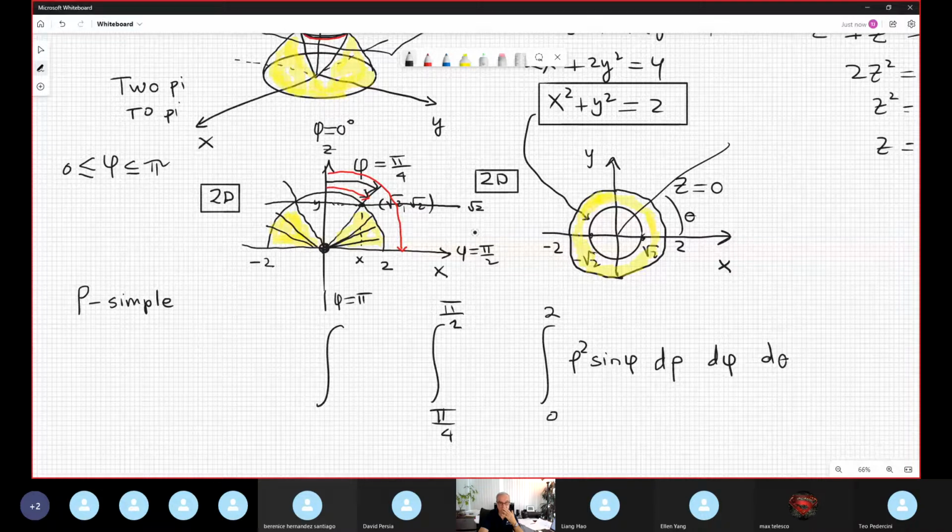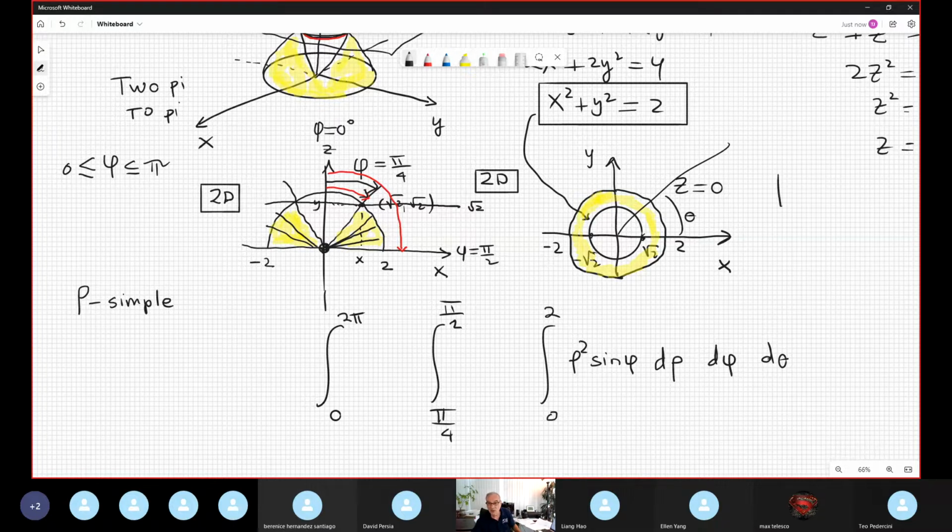Therefore, theta, go. Help me. What is the limit of theta? Now, this is easy. It's easy because you have a quarter of a circle, or you have a semicircle. Yes, exactly, 0 to 2 pi. How do you know that? Because it's a ring, but it's a full circle, totally rounded, no?